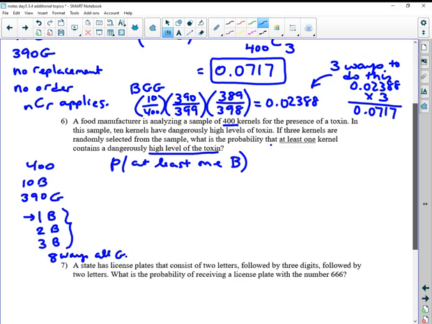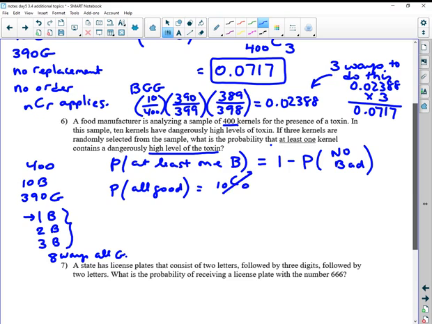So the probability of at least 1 bad will be 1 minus the probability of no bad. So let's find the probability of all good, which we can do with the notation from this chapter, since we want no bad ones. That's going to be a 1, so I don't even have to write that.